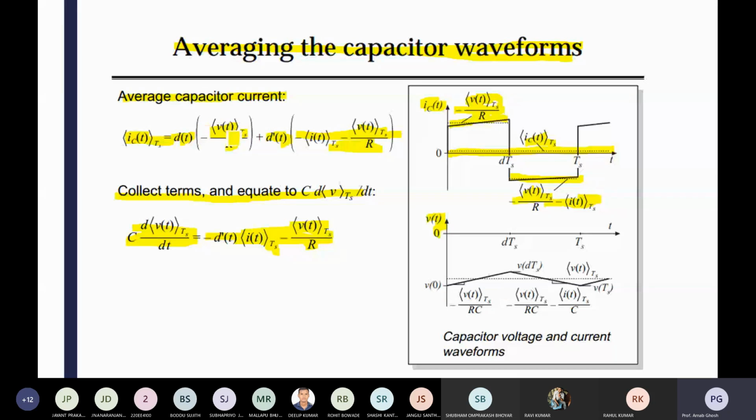You just equate those equations and we will get the expression of voltage, or you can replace that value. So c dvt, some dv average by ts, or divided by dt, so you will get that expression.